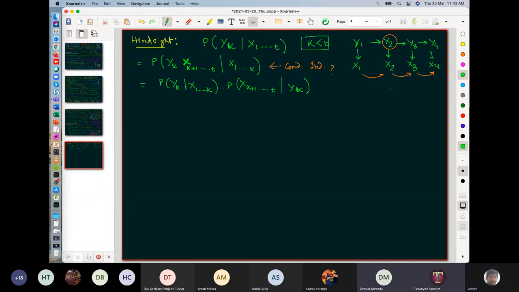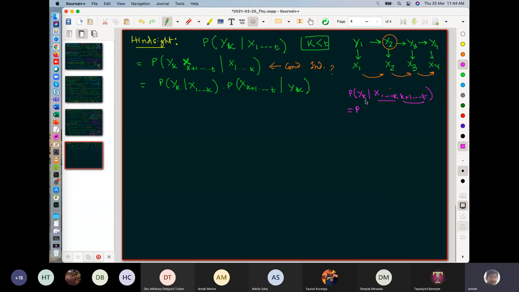Agreed, sir. Sir, second step, like x k plus 1 to t. No, the thing is that, see, from here to here is just the conditional independence. yk is dependent only upon x1 up to xk, not xk plus 1 to t. So if you write the probability of yk given x1 up to k, then k plus 1 up to t, then yk is only dependent up to this point.